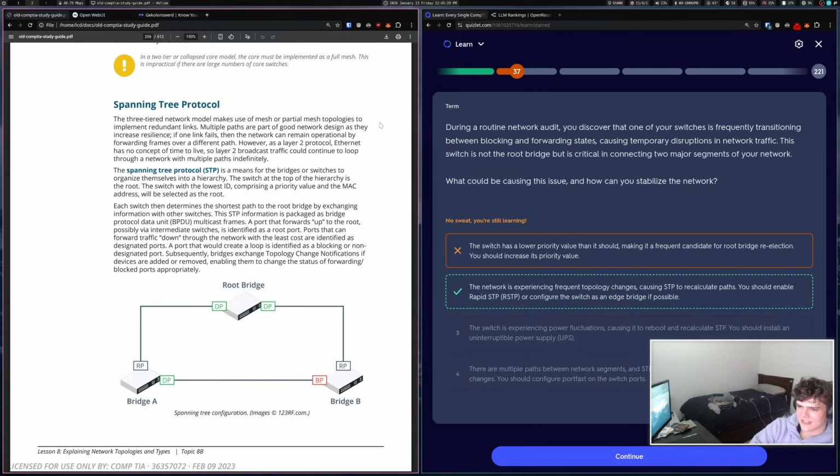Each switch then determines the shortest path to the root bridge by exchanging information with other switches.